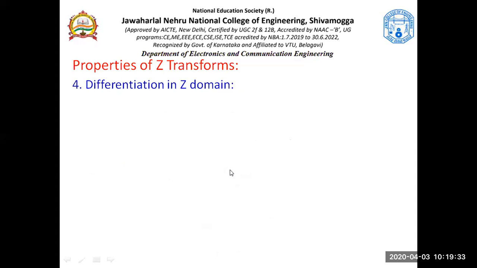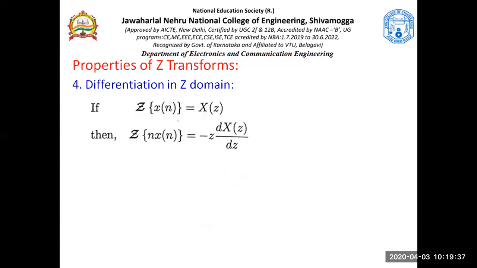Fine, let's go on with the fourth property, that is differentiation in z domain. So what happens if a signal is differentiated in z domain? So that looks like this. You will have n x of n in time domain and a minus z times the derivative associated with that differentiation in z domain. This is how the differentiation in z domain property looks like.